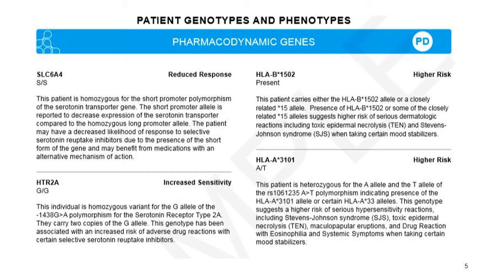And then for further explaining each genotype and phenotype, the report is separated into the pharmacodynamic genes versus pharmacokinetic genes. The pharmacokinetic genes are typically more related to metabolism. Pharmacodynamic genes have a lot more to do with transporter genes or other genes that are known to precipitate potential adverse drug reactions.